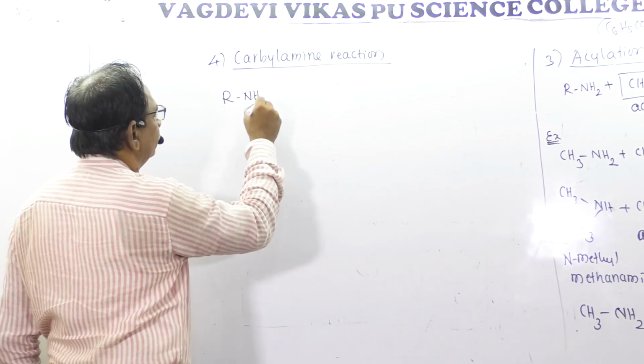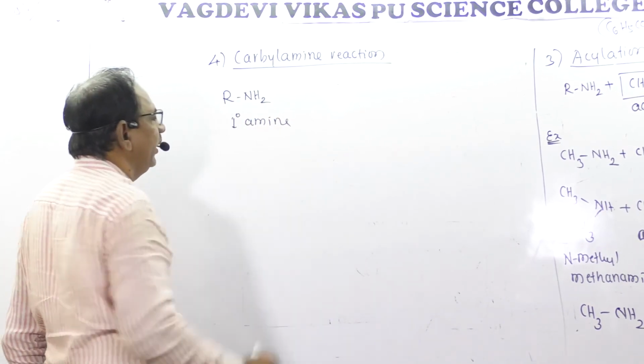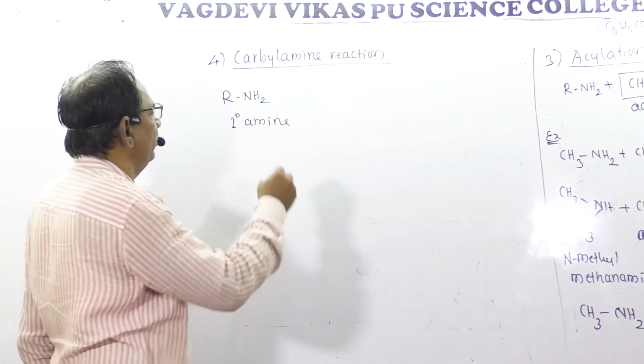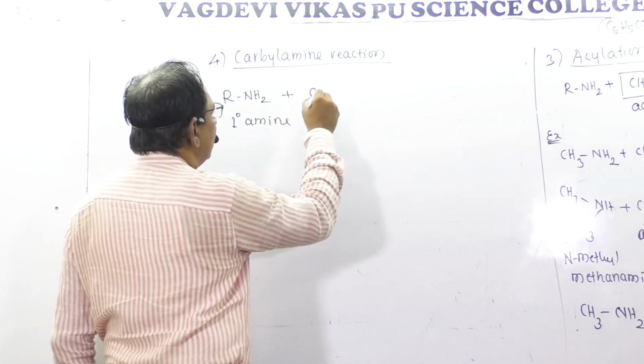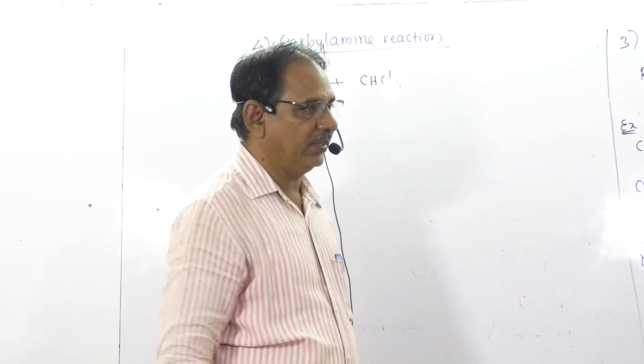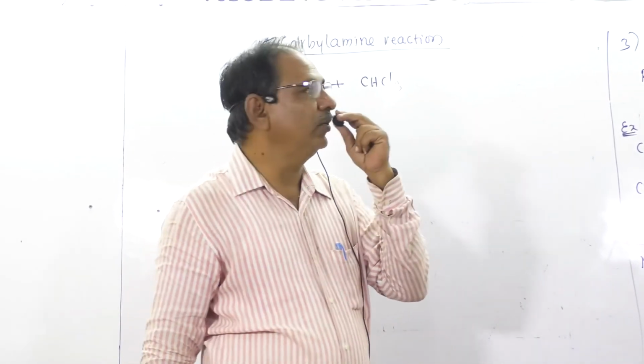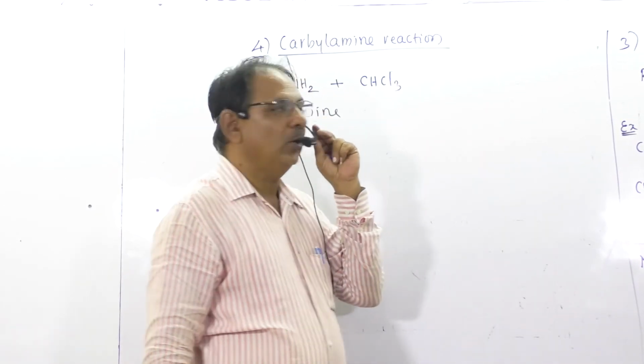RNH2, a primary amine, whether it may be an aliphatic primary amine or an aromatic primary amine, which is treated with chloroform, that is CHCl3. I think you will know about this CHCl3 during the discussion of haloalkanes.